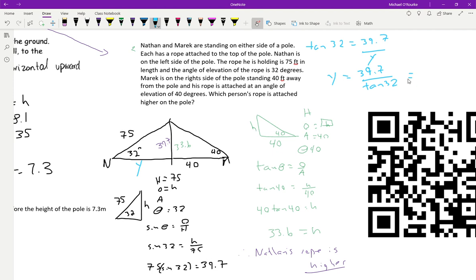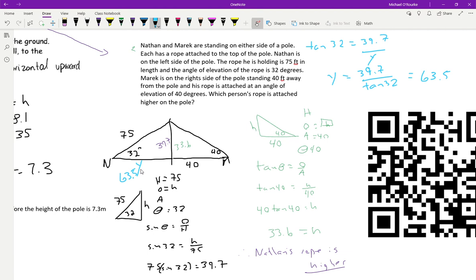39.7 divided by tan 32 is 63.5. So in all actuality, Nathan, you're standing 63.5 feet away from the pole.